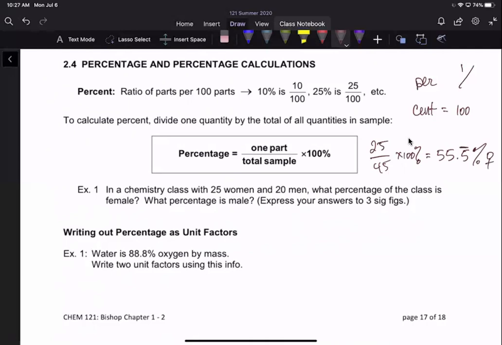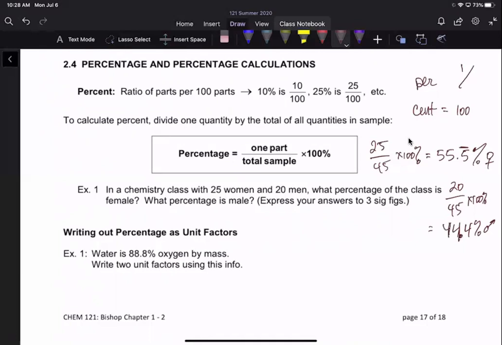That means that if we have the 20 men out of 45 times 100, that would equal 44.4% men. Okay, just as an example.